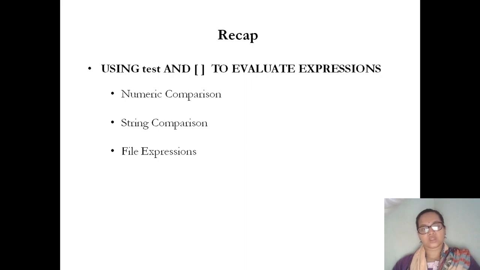We just saw what all the possibilities are and what mnemonics are used to compare the expressions. Basically it will give a boolean value, whether it is true or false. One more very important thing: in our shell scripting, true will be 0 and false will be 1, which is not so in other languages.